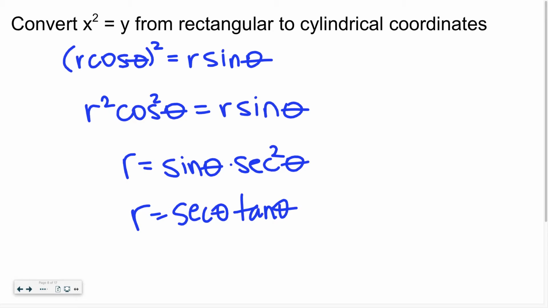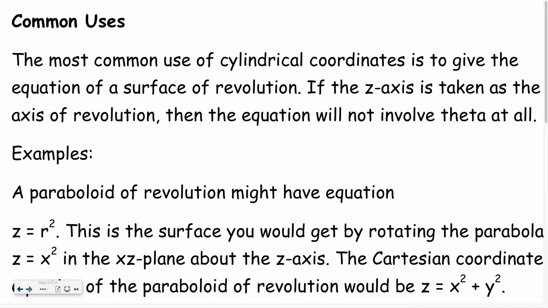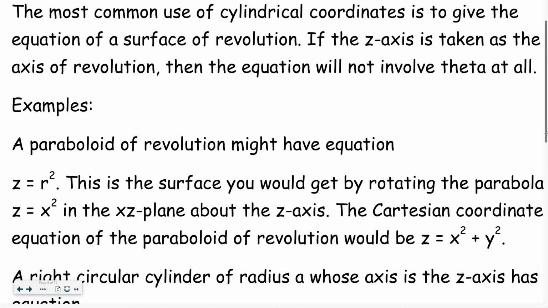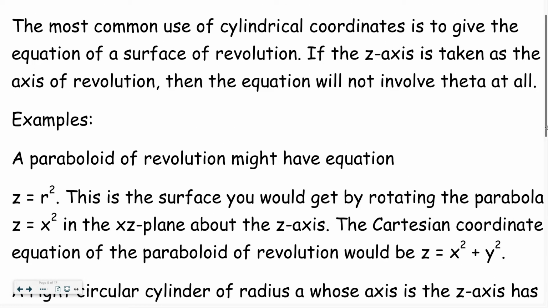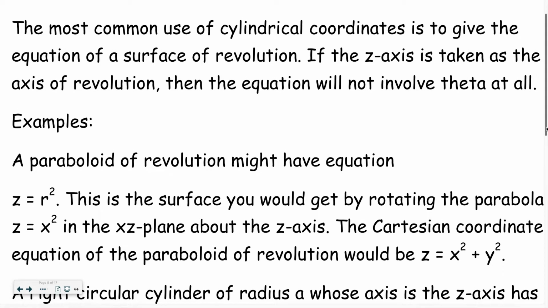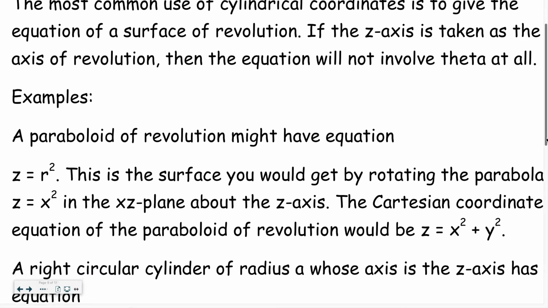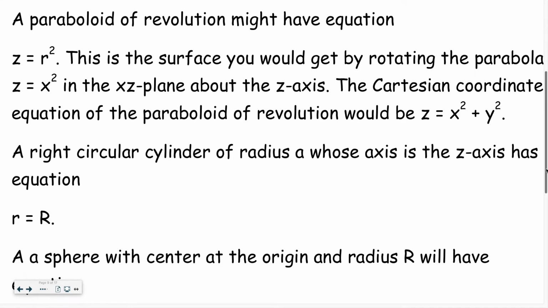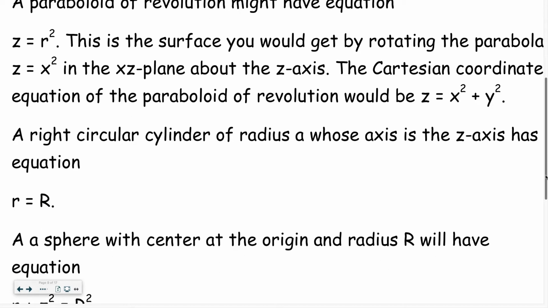Alphabetize. Okay. Anyway, I want to talk about a few things. Don't write these down. A paraboloid would look like z equals r squared. A right circular cylinder is going to be r equals a value, like r equals 5.